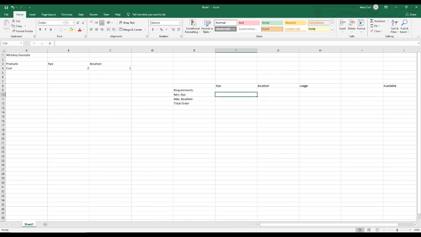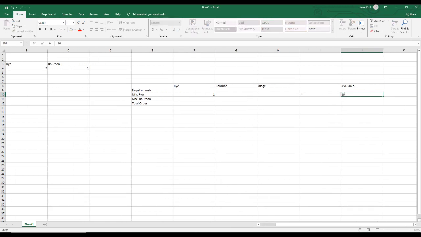We have one less than or equal to 160. One greater than or equal to, this one is less than or equal to, this is greater than or equal to, and that's 250, and finally greater than or equal to 400.